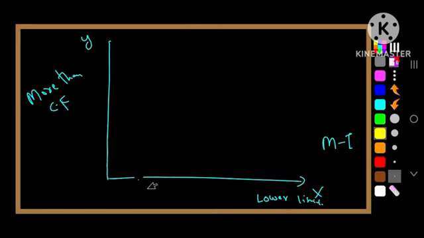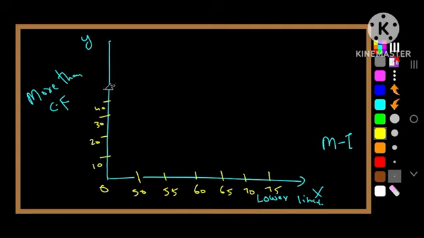So our values are 0, 50, 55, 60, 65, 70, 75. Similarly, on the y-axis I am taking 10, 20, 30, 40, 50, 60, 70, 80, 90 and 100.